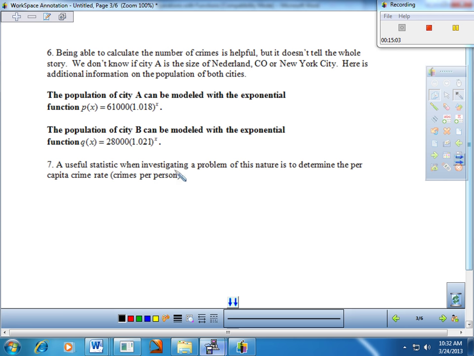What's the operation that goes with per? So crimes per person. Well, I'm thinking division. So the number of crimes divided by the number of people would be the crimes per person. So I'm just going to write division right here.